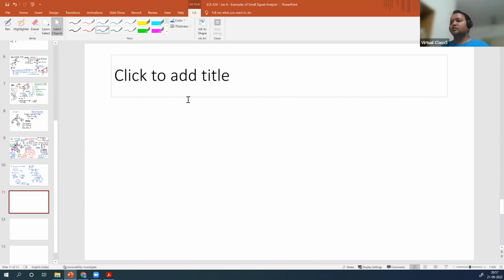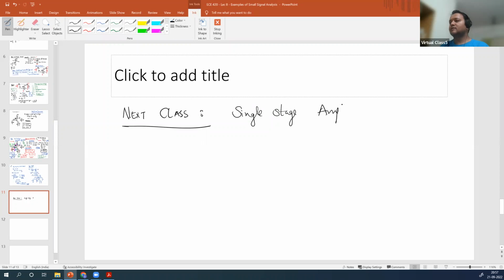With this, we will move in the next class. We will begin single stage amplifiers. Right?